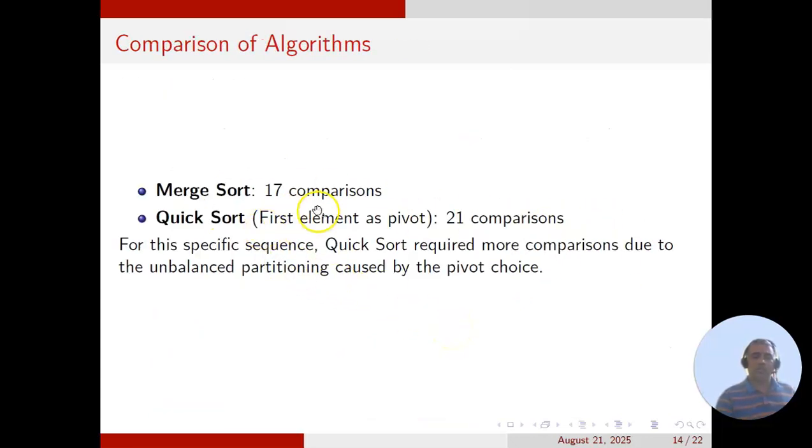This is a case where the elements are almost already in sorted order, which is why quicksort requires more comparisons. Merge sort requires 17 and quicksort requires 21 comparisons, because the partitioning is not dividing the given elements equally. That is the reason we have more comparisons for quicksort.